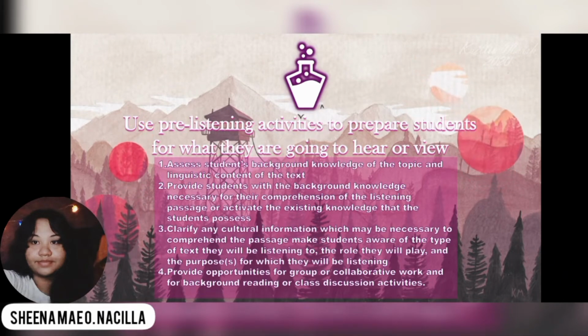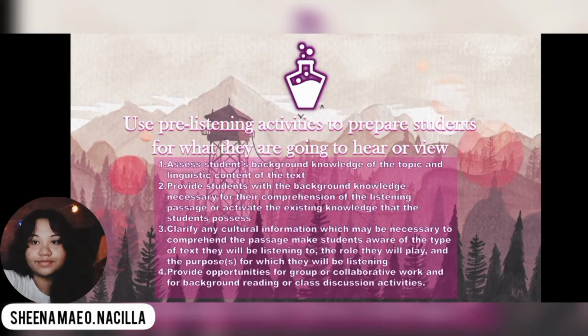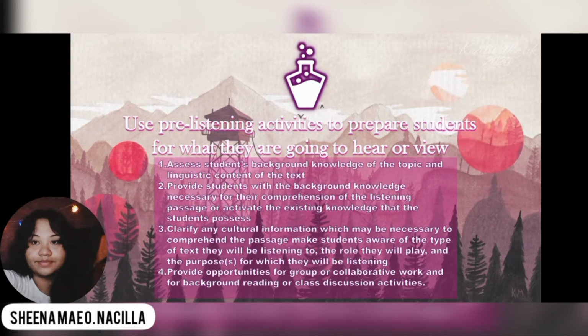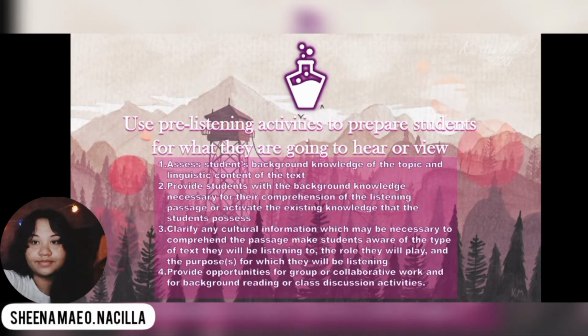Next, it is used to provide opportunities for group or collaborative work and for background reading or class discussion activities. So, through pre-listening activities, you could give students a group activity so that they would interact and socialize with others by sharing their knowledge about the topic or theme they are about to view or listen to.